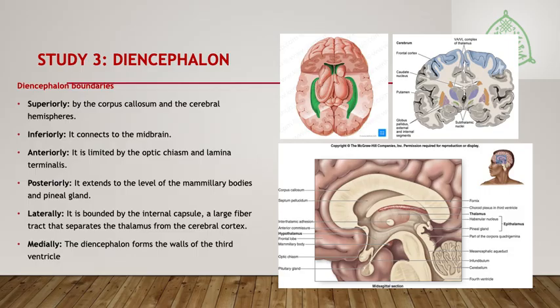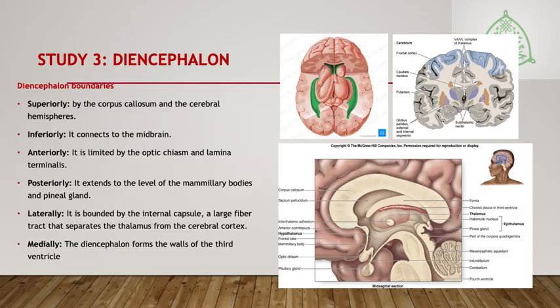The top right image is a coronal section into the brain, and you can see the two thalamus, right and left, where you see the purple color in the midline, and a very small narrow space in between them.